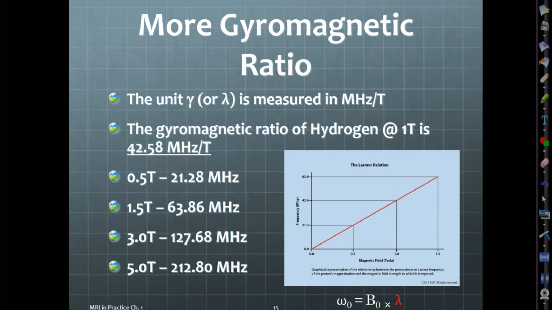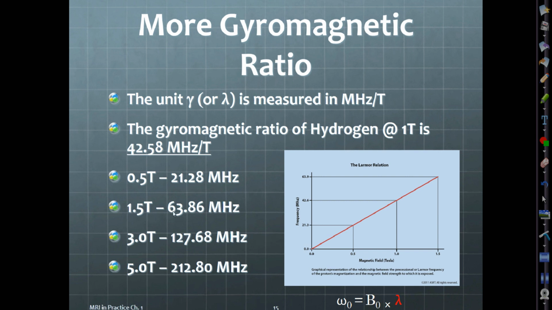So you guys can see that this is a linear relationship. So see, as we increase our magnetic field, so does our precessional frequency in a linear fashion. Okay? So if you're going to highlight certain values here, obviously you need to know the gyromagnetic ratio.